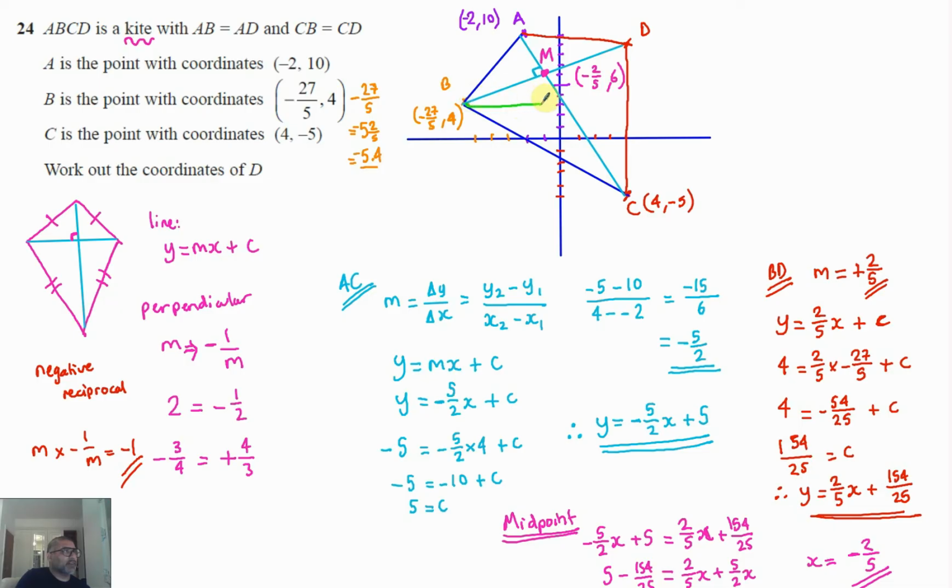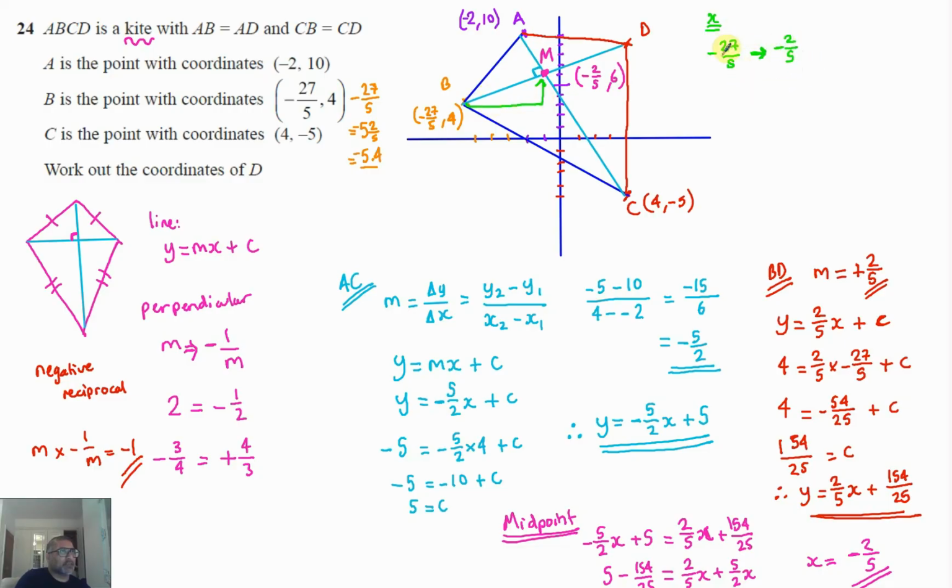So now what I want to work out here then, for my final bit of the answer, well, how do I get from there to there? In the x direction, I'm going from minus 27 over 5 to minus 2/5. Notice the arrow is not taken away. I'm going from there to there. So I need to find the difference between those two, and that will give me that distance across.